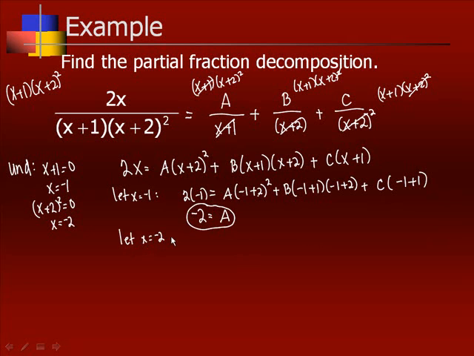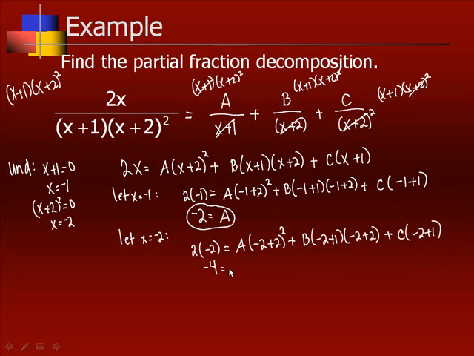Now let's plug in something else. Let's plug in negative 2. So we get 2 times negative 2 equals A times negative 2 plus 2 squared plus B times negative 2 plus 1 times negative 2 plus 2 plus C times negative 2 plus 1. So we get negative 4 equals, well, negative 2 plus 2 is 0, 0 squared is 0 times A, so that one's still 0.